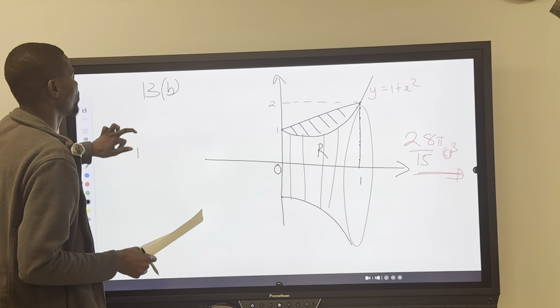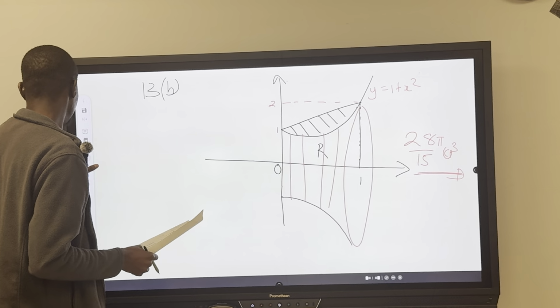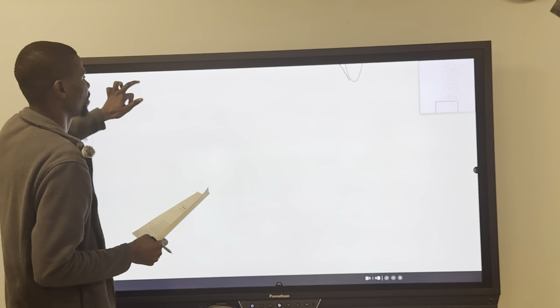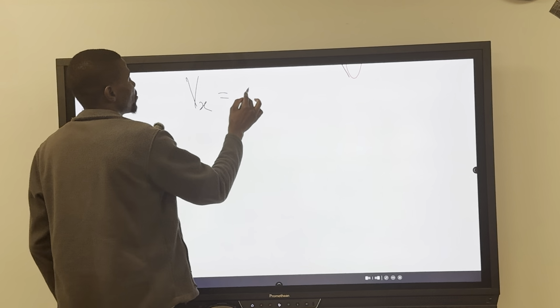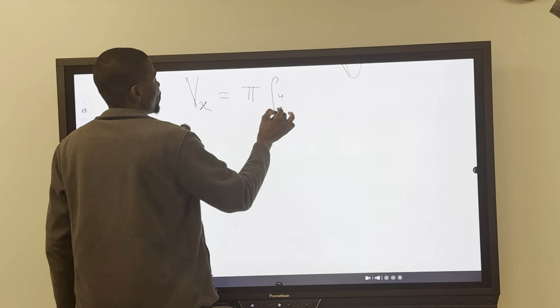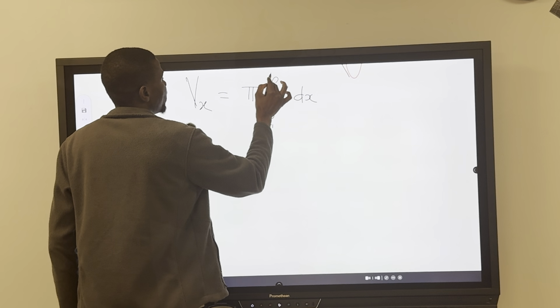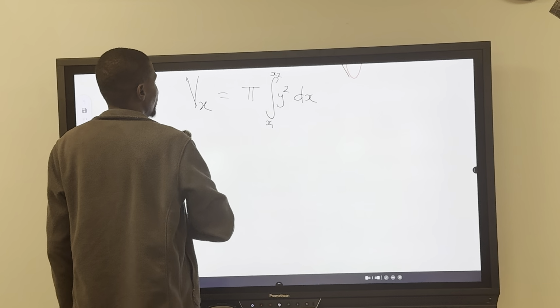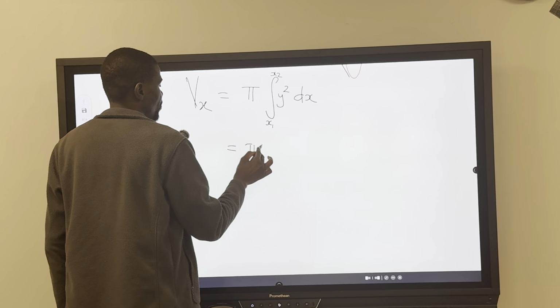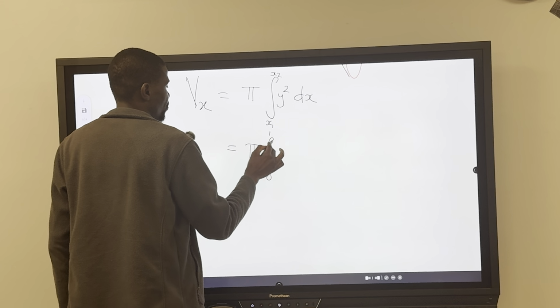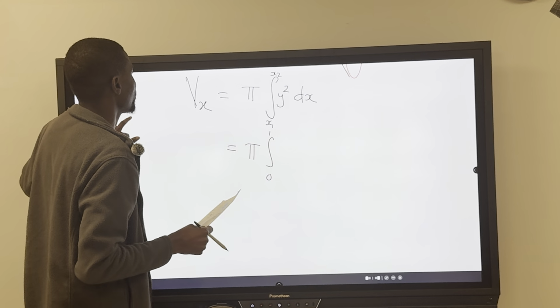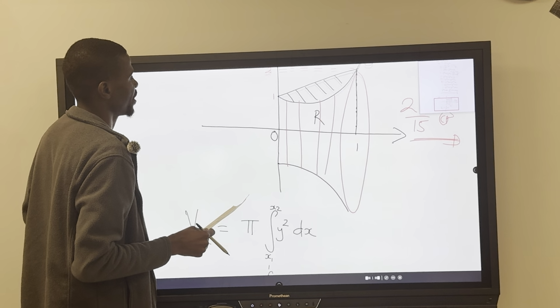So guys, we know that for this problem, volume along the x-axis here is equal to pi integral of y squared dx with limits from x1 to x2. So here it is going to be pi from 0 to 1. Let's come back to the equation.